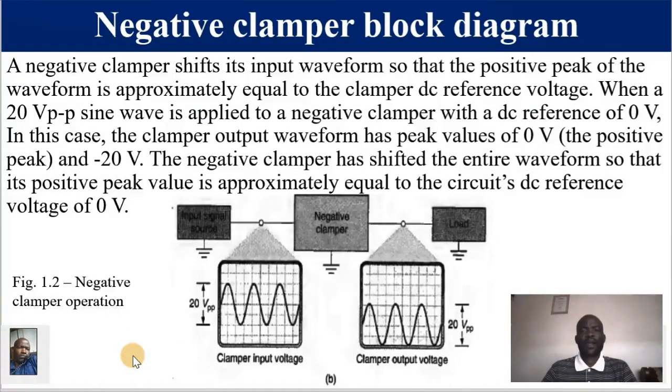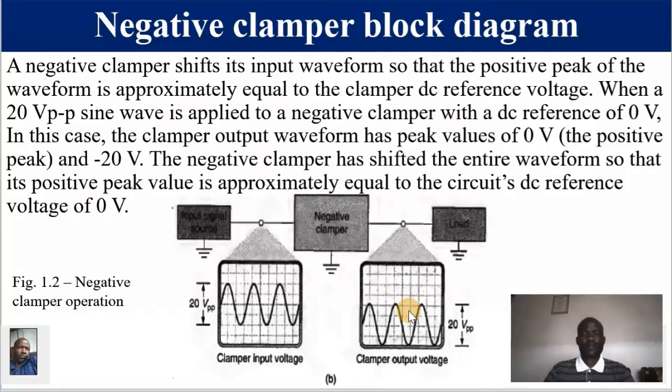Negative clamper block diagram. This block diagram is representing a negative clamper. This is our input signal generator. From there, it is fed to the clamper circuit. Then from the clamper circuit, we've got our output signal, and as you can see, something has happened.